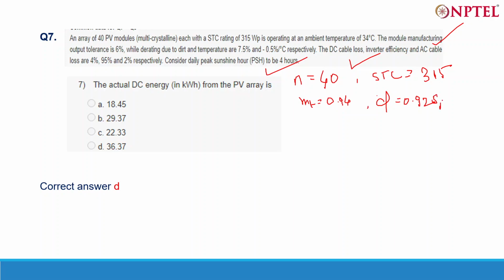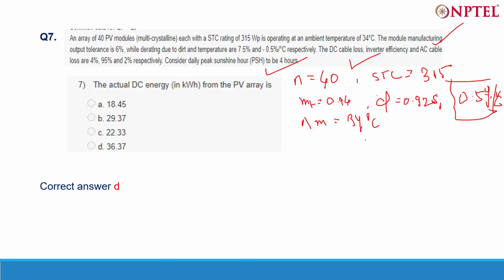And derating due to temperature is also given, minus 0.5 percent per degree Celsius, so write it as it is. So this is actually separate. Okay, and then the ambient temperature is given as 34 degrees Celsius.